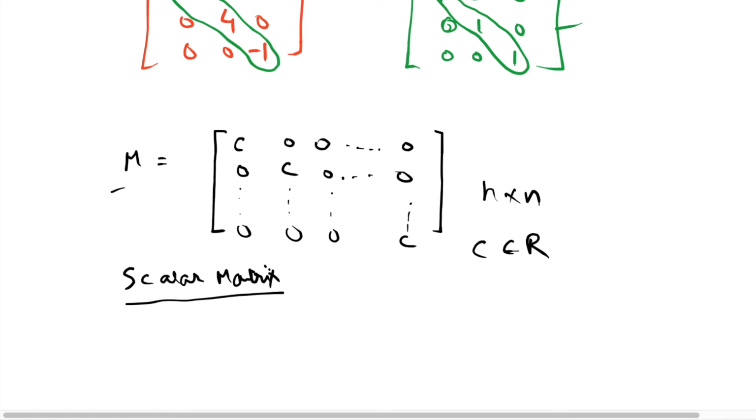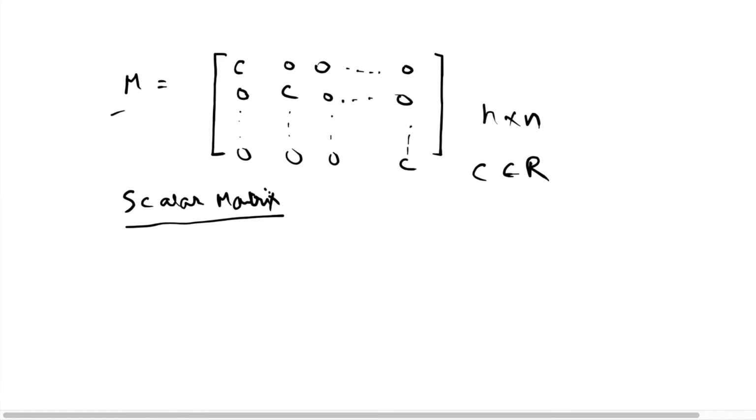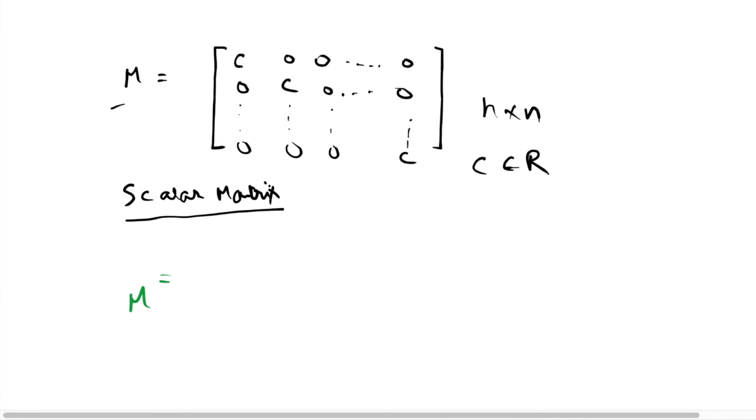Some of you must have already noticed that M is equal to C times I, where C is any scalar and I is an identity matrix.